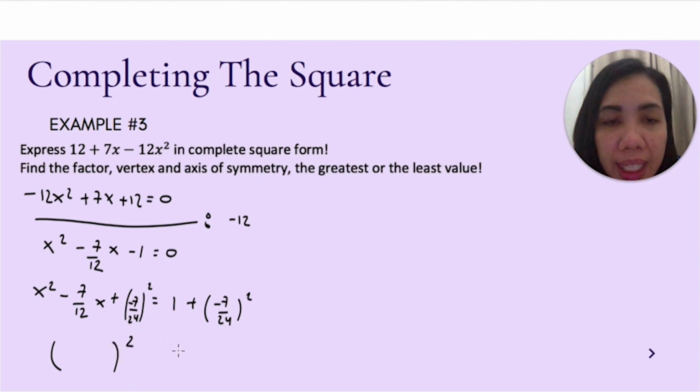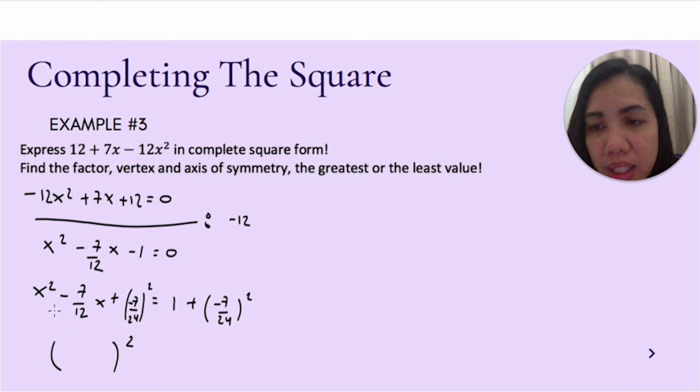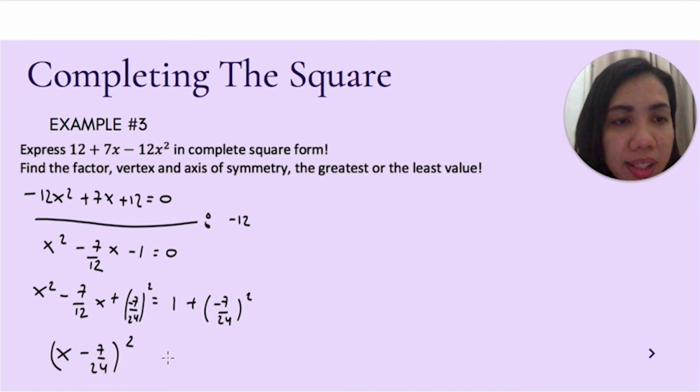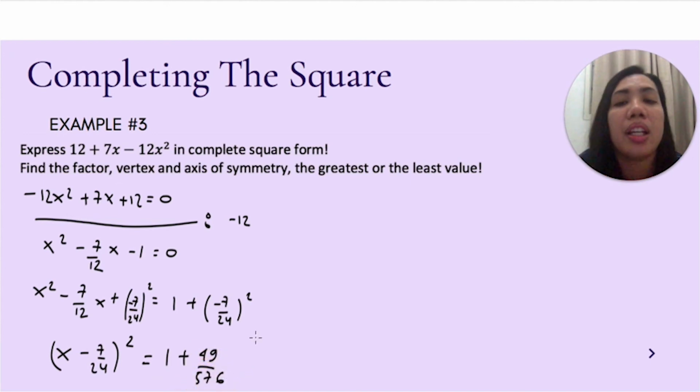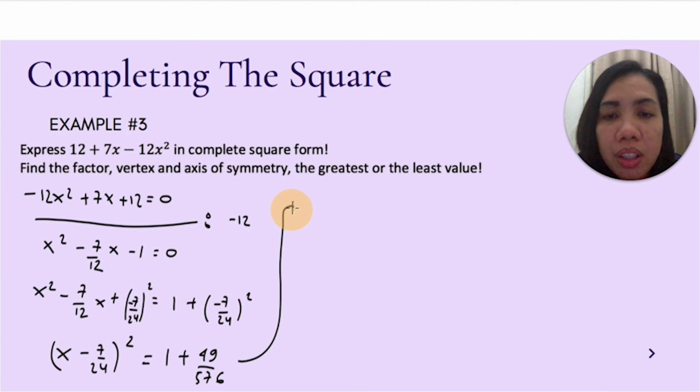Because we have added half of b squared to both sides, it is simple to transfer this into a perfect square, which is just taking x and taking -7/24. Okay, just that simple. And then for the right side, we have 1 plus 49 over 576.